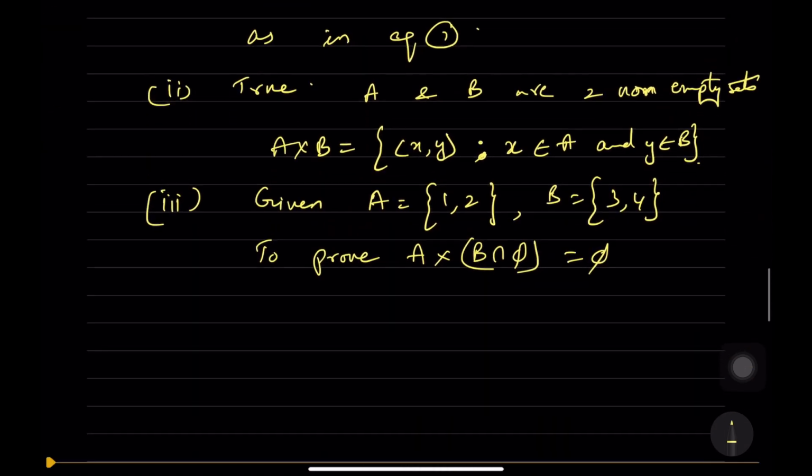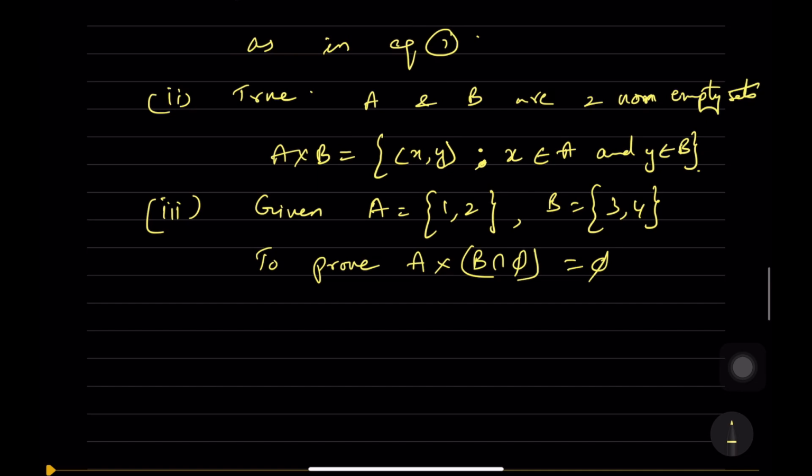So therefore now you have B intersection phi is equal to phi. We have seen the concepts: anything cross an empty set, because in one we are having elements and in the other it is empty, you cannot form an ordered pair. So therefore it is an empty set. Therefore A cross phi is equal to phi. Therefore it is a true statement.